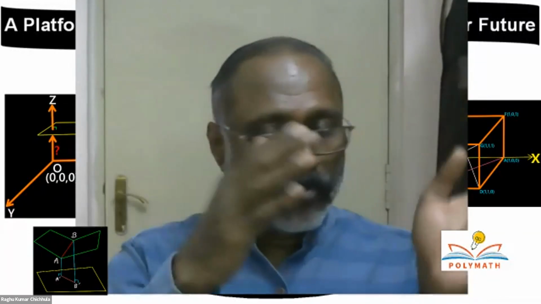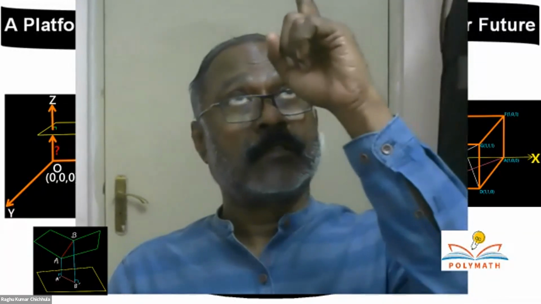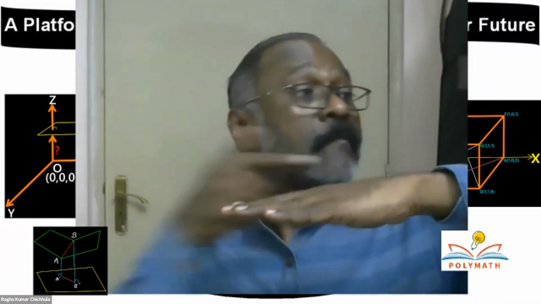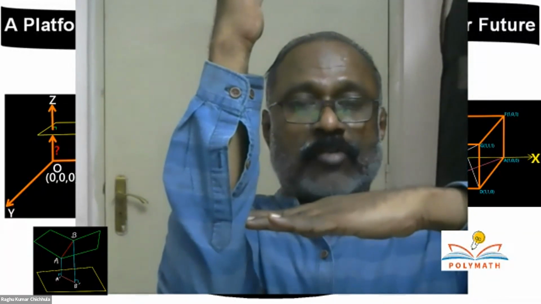In a three-dimensional room, everyone sits in a three-dimensional room only. Obviously, the roof will be there, the four walls will be there, and the floor will be there. So whatever the concepts of 3D are, it is better you compare everything with the room you are sitting in. For example, I have taken this plane, the top ceiling. Now I have taken a normal to the adjacent wall, and I have taken a normal to the ceiling. These two are like this.